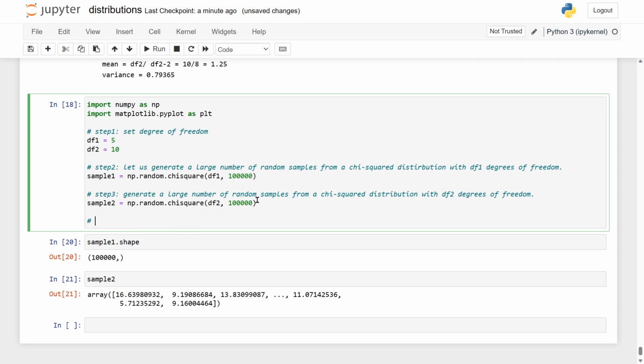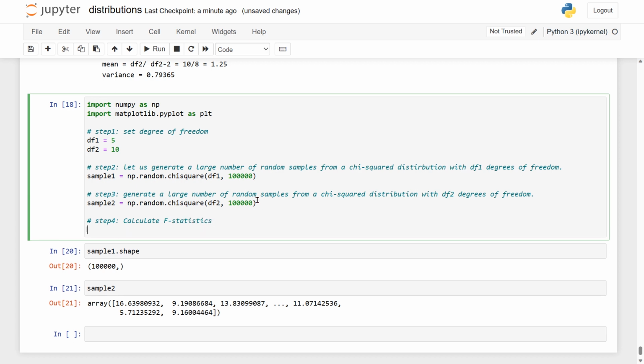Now it's pretty simple. Step 4 is just calculating the f statistics. So f_statistics is equal to sample 1 divided by sample 2.